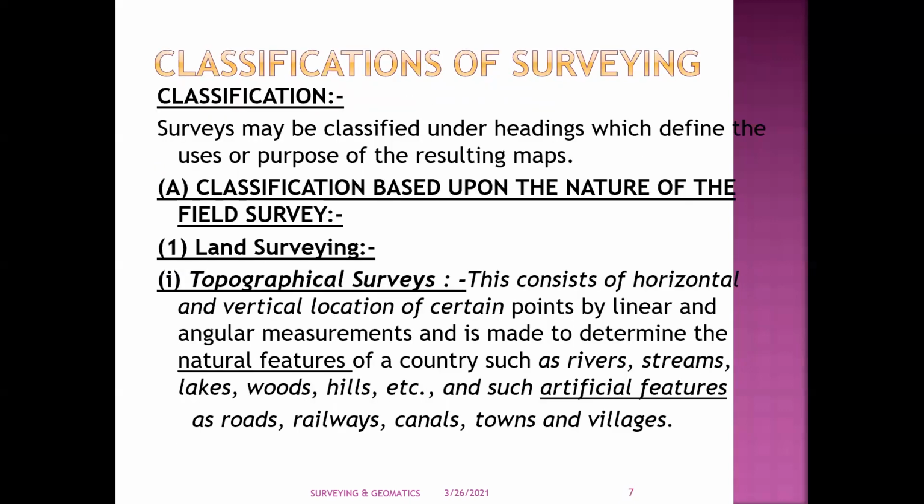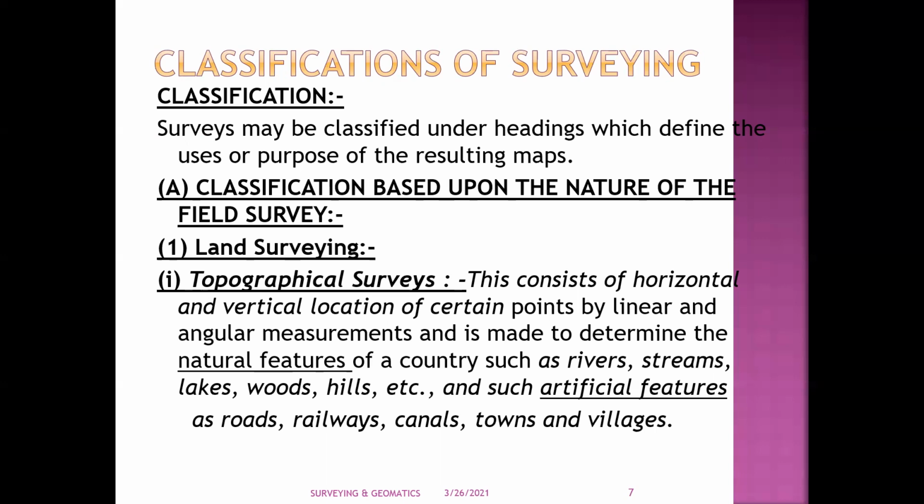The first one is the topographical survey. This consists of horizontal and vertical location of a certain point by linear and angular measurements and is made to determine the natural features of a country such as rivers, streams, lakes, woods, hills, etc. and such artificial features as roads, railways, canals, towns and villages.